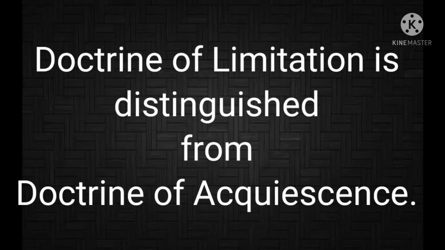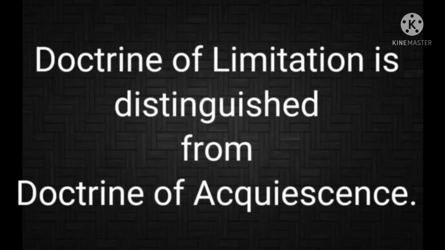The next characteristic is that the doctrine of limitation is distinguished from the doctrine of acquiescence. If a party having a right stands by and sees another acting in a manner inconsistent with that right and makes no objection while that act is in progress, he cannot afterward claim.